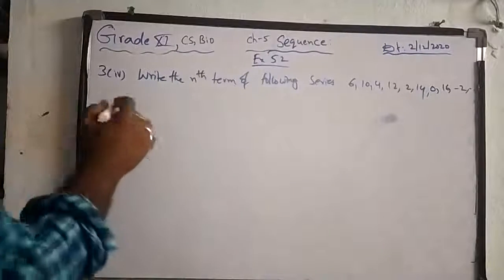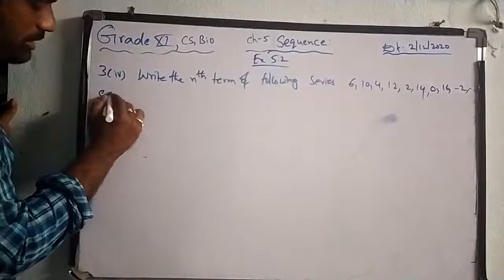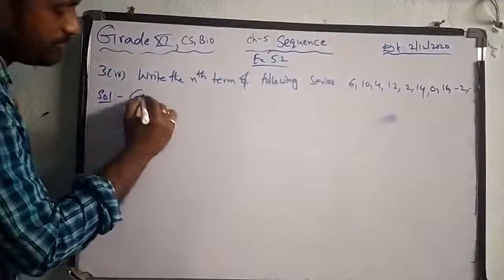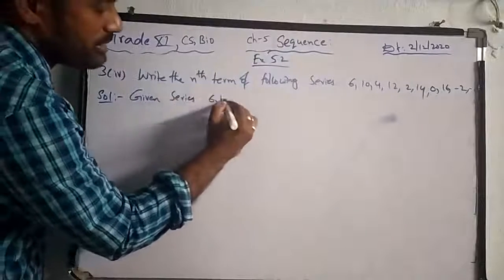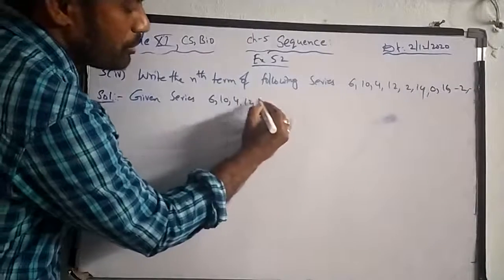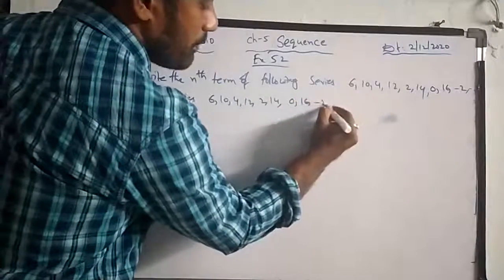Next, third bit, fourth question, we need to write only the nth term in this series. So let us start the solution. Given series: 6, 10, 4, 12, 2, 14, 0, 16, minus 2, and so on.